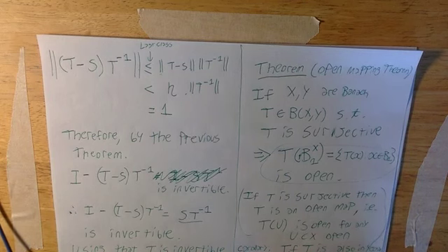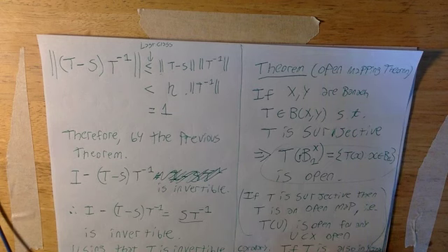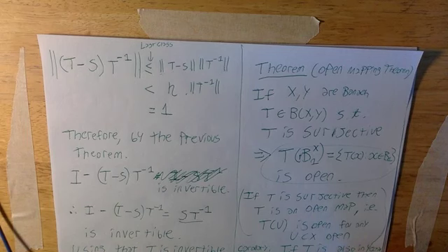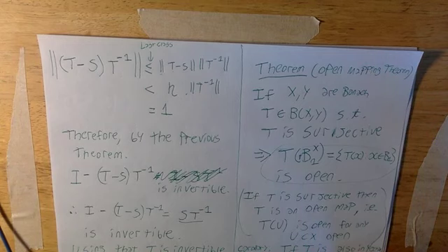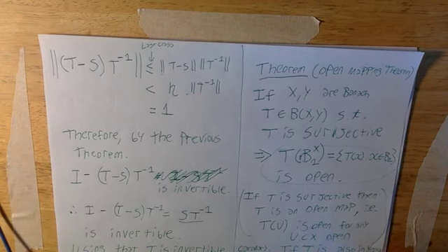We can call it a theorem. T is in B of X, Y, T is injective and surjective, so T is bijective basically. Then there exists T inverse in B of Y, X.